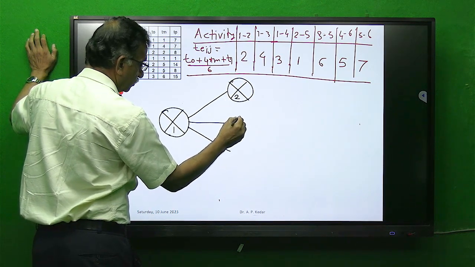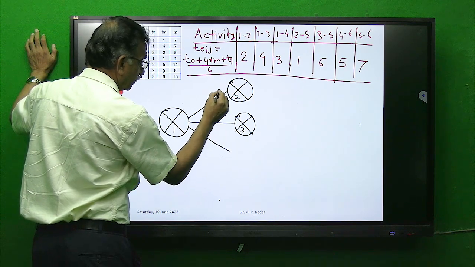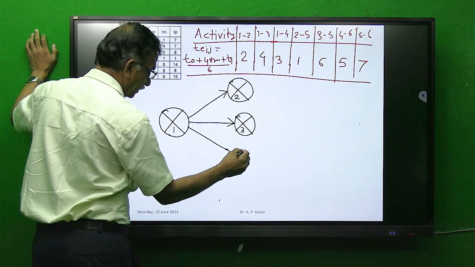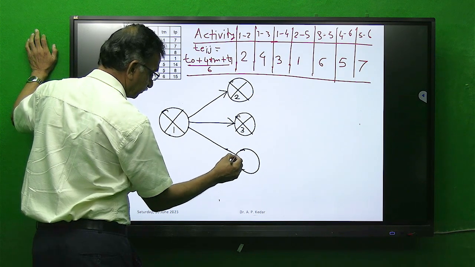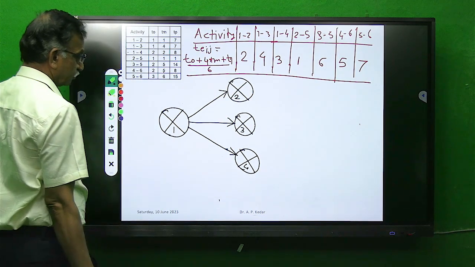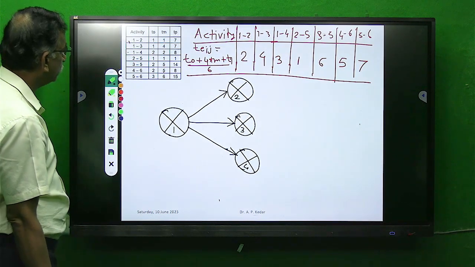Arrow is a must. So I have drawn 3 activities now.